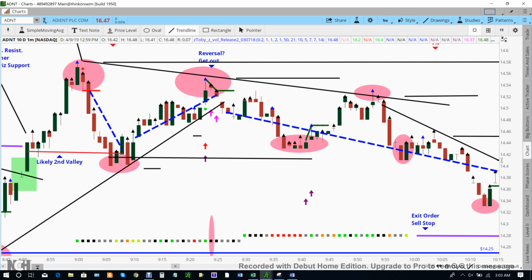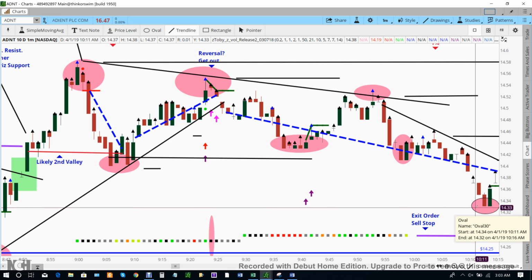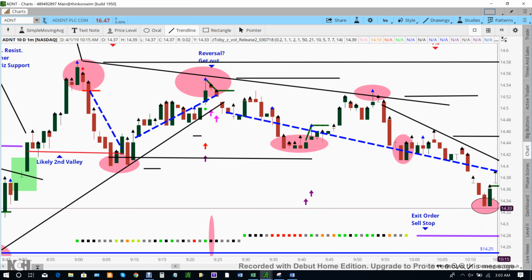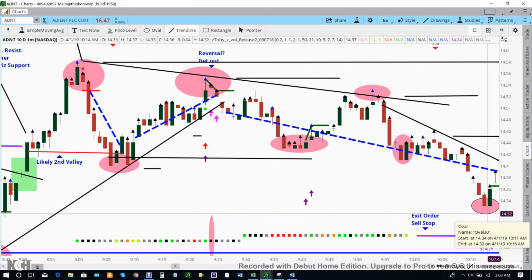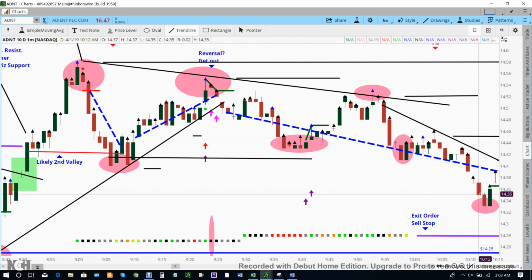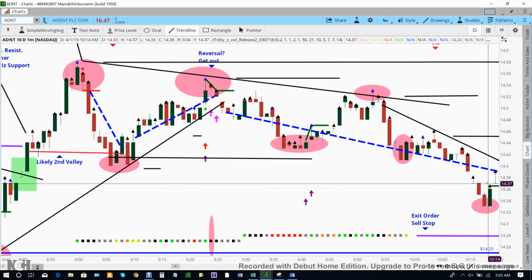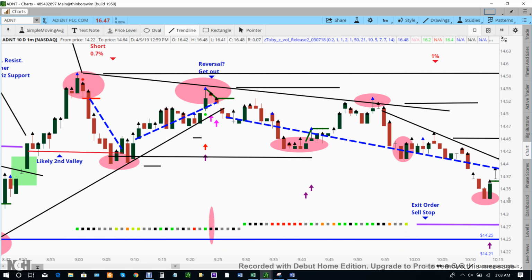But the thing to notice is this is a pretty good sign of a valley, because see all these reds coming down, right? And this is the first green that has a black triangle, right?